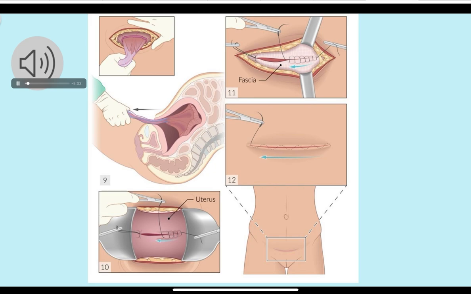So in square number 9, or rectangle number 9, we can see that the surgeon is holding the abdomen taut and another hand is on the placenta. This process is when they remove the placenta through the hysterotomy.